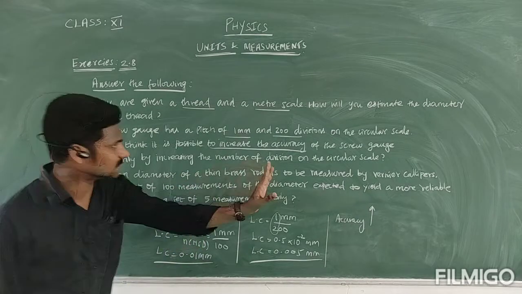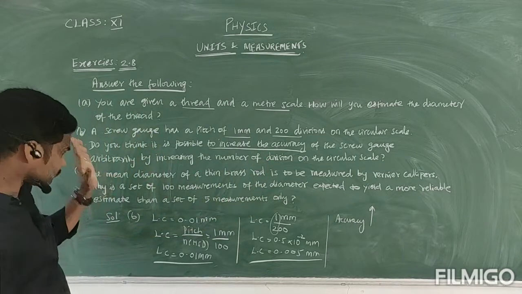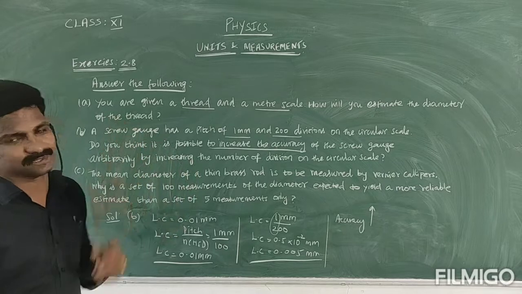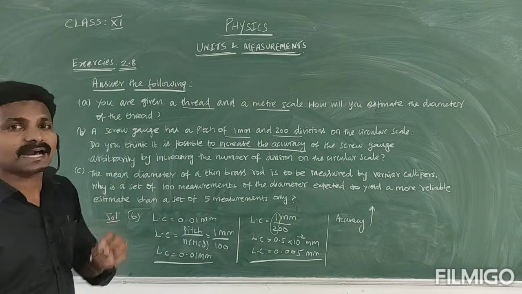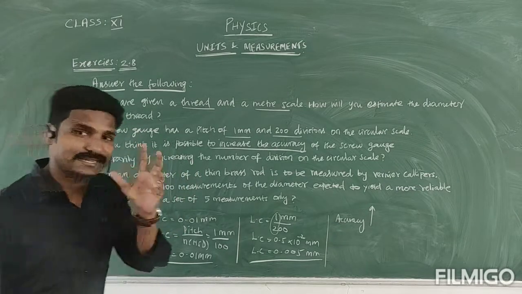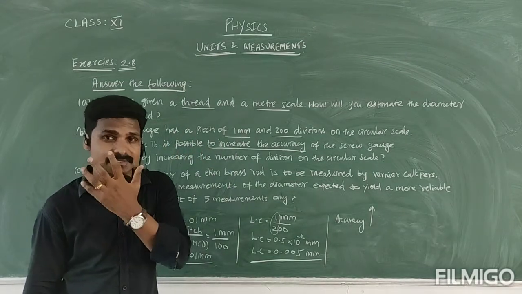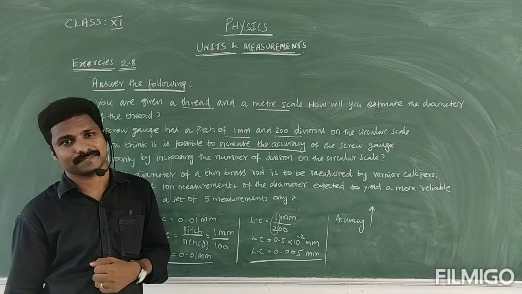So whether it is possible or not? Yes, increasing accuracy is possible, but it is highly difficult to take the reading, to observe the reading, because our eye resolution power is less.